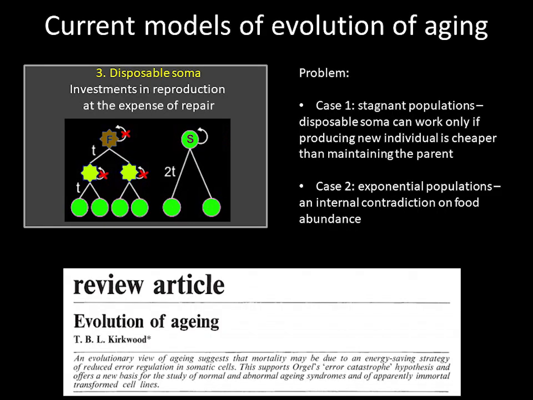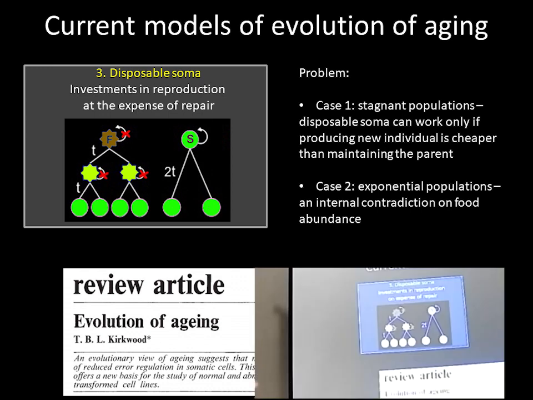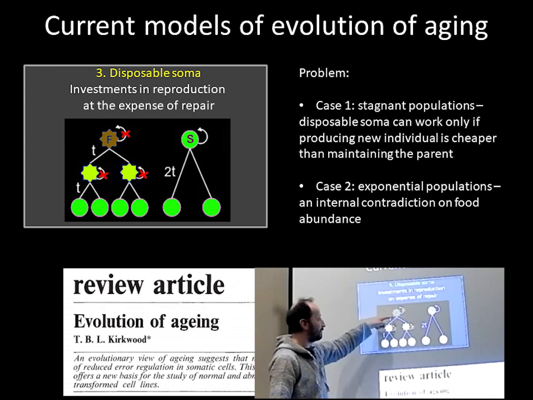So this is the third theory, but it's really just a modification of the second theory. The idea of Thomas Kirkwood, 1977, was that the evolution of aging suggested mortality might be due to an energy-saving strategy of reduced regulation of somatic cells. Let's say these guys age, but they invest more in reproduction.